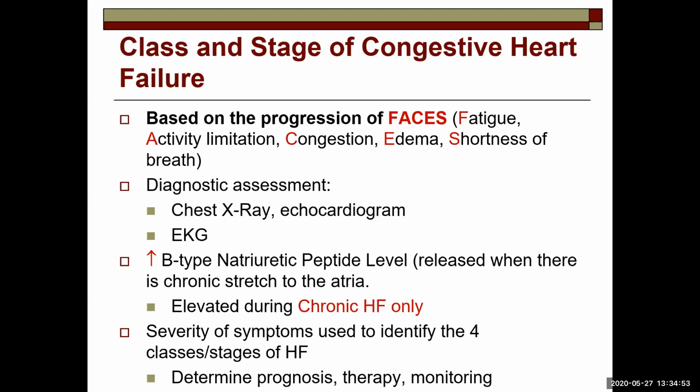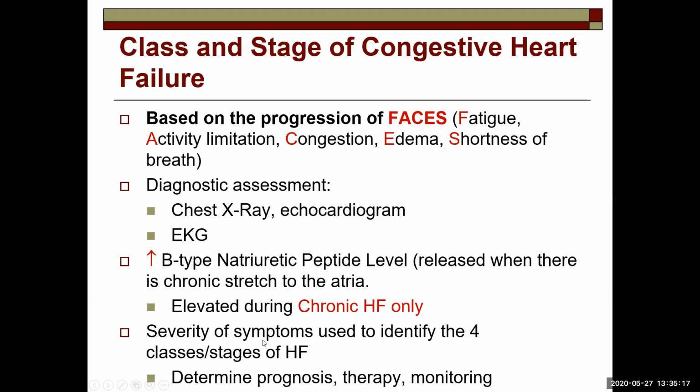So that is basically the ability for the atria to contract, or stretch, that would be the natriuretic peptide level. It elevates during chronic heart failure only, which is the natriuretic peptide.